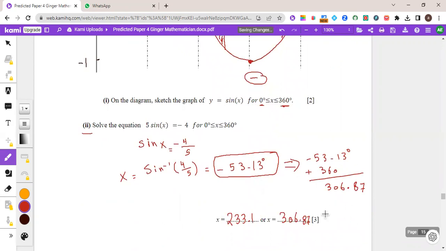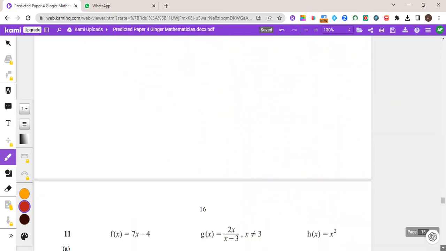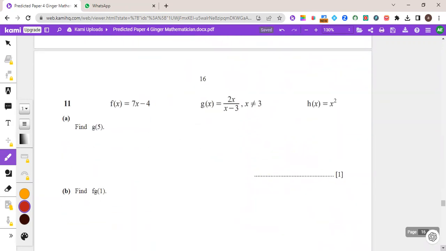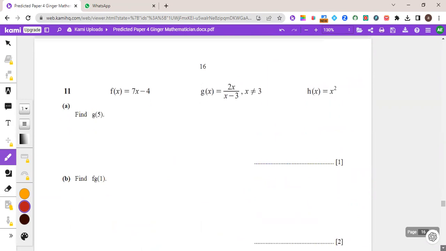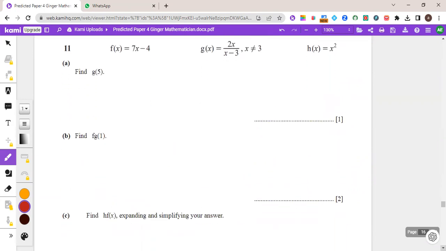طيب any questions here يا شباب؟ Okay, we're almost done. Question number 11. He says find the GF. So for GF, I will 180 minus, yes, correct also Ahmed.